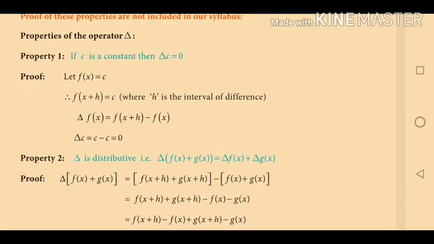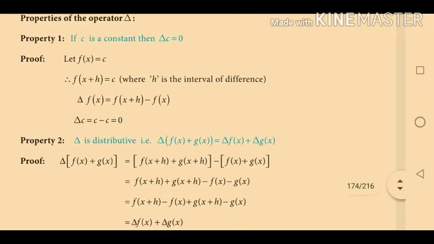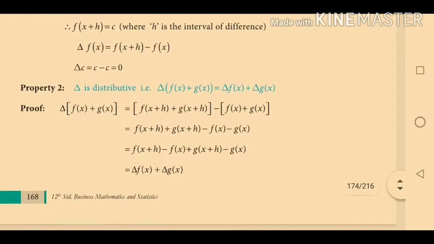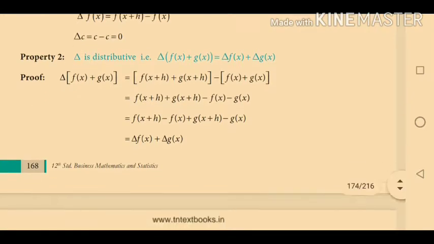If f of x equal to c, then f of x plus h equal to c, where h is the interval of differences. Then delta f of x equal to f of x plus h minus f of x. The second property is that delta is distributive, that is delta of f of x plus g of x equal to delta of f of x plus delta of g of x.